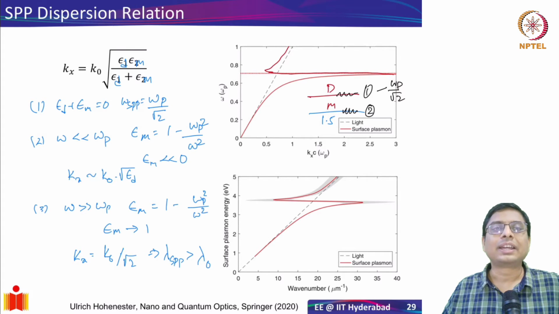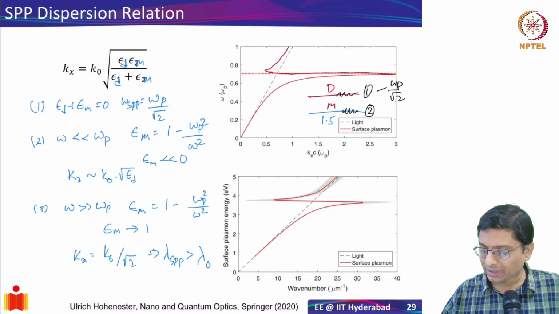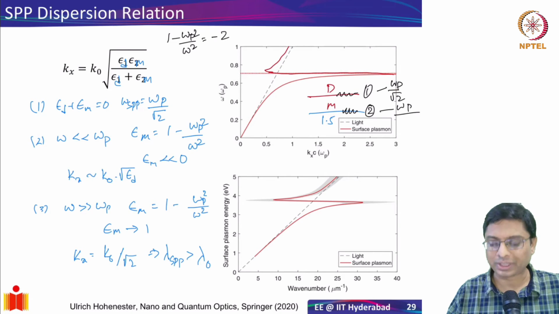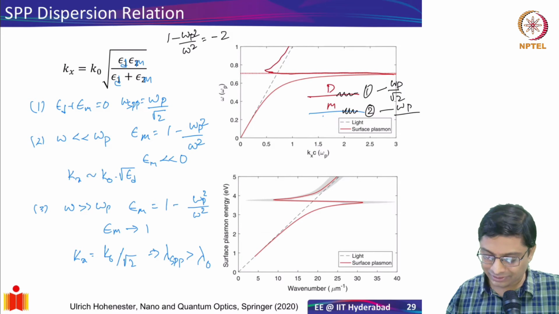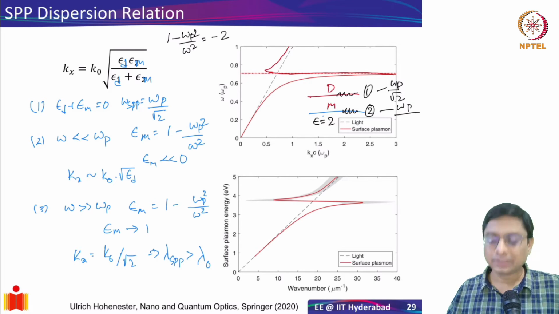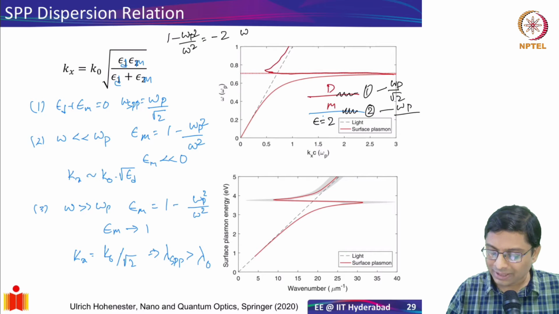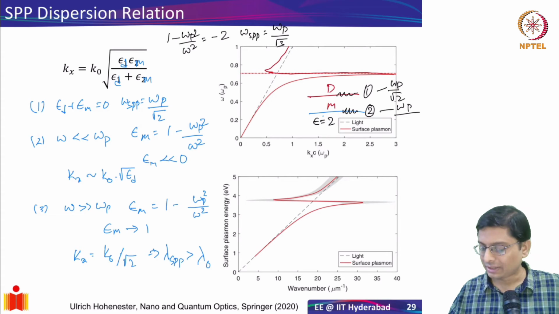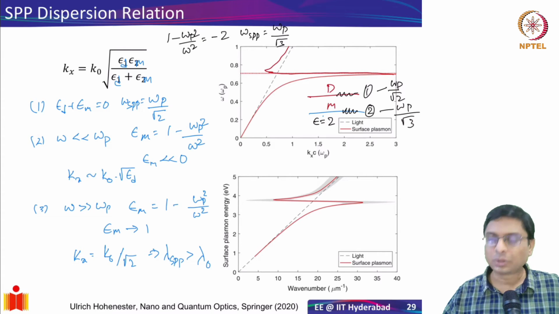For the metal and glass interface, what will be the omega SPP frequency? Omega p by, 1 minus omega p square by omega square is going to be minus 2 now, right? Just take epsilon as 2, okay? 2 plus 1, so 3. So now omega SPP is going to be equal to omega p by root 3, okay? Root 3. So that has a lower frequency, isn't it?